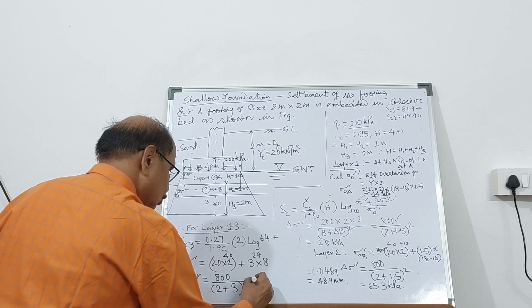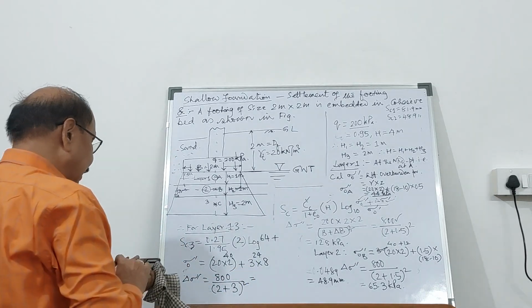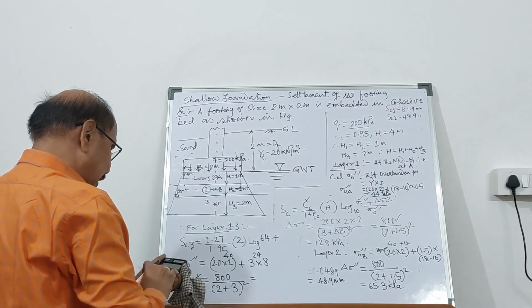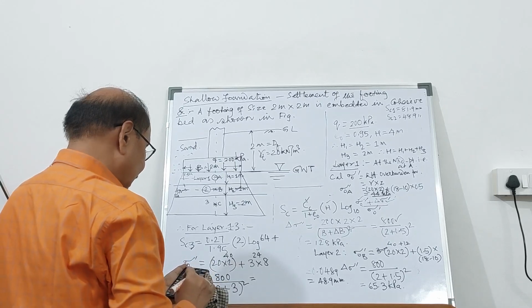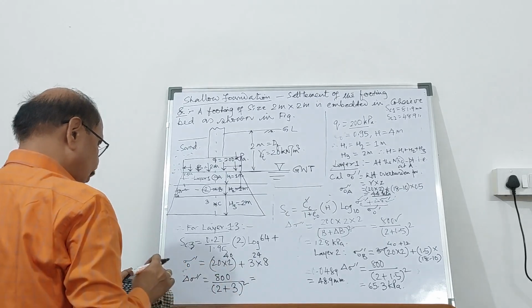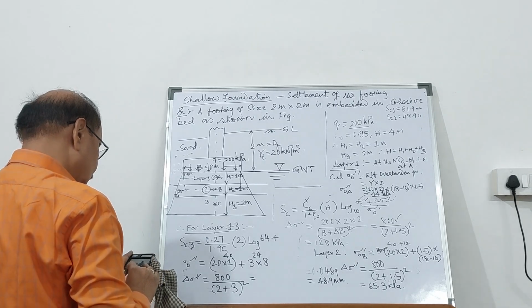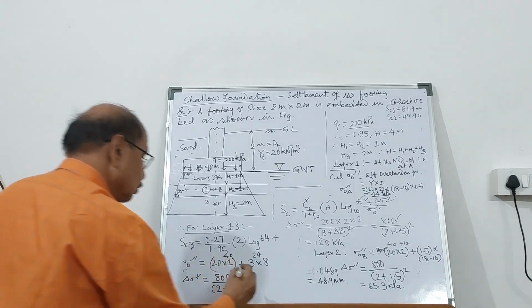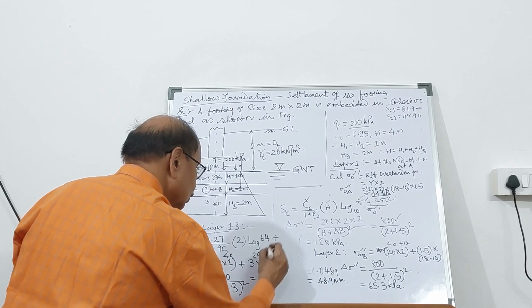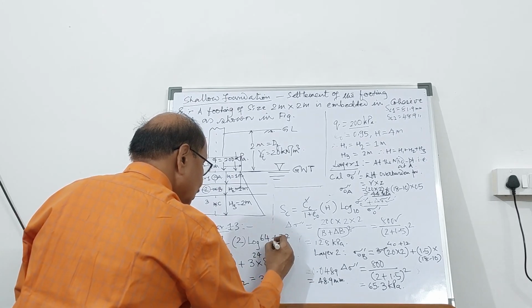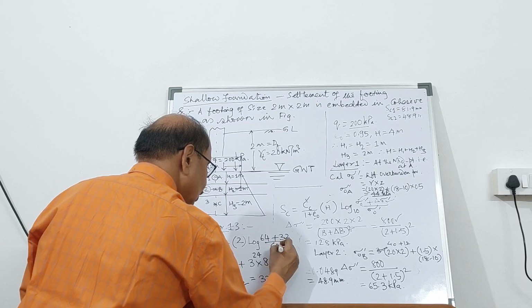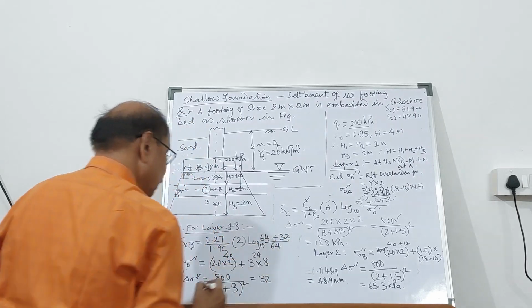So this becomes equal to 800 divided by 25, that is 32. So this becomes 32 divided by 64 to the base 10.